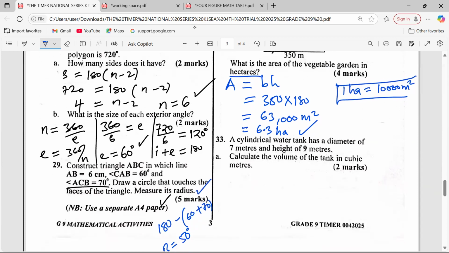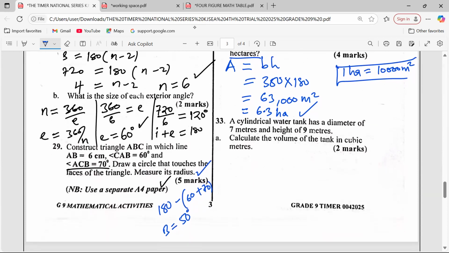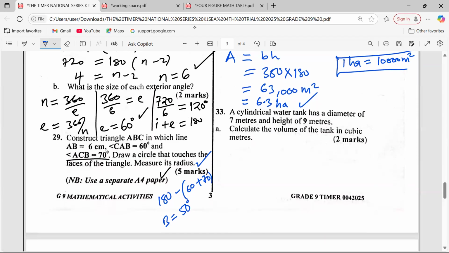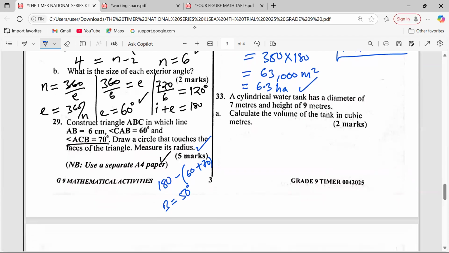Number 33. A cylindrical water tank has a diameter of 7 meters and a height of 9 meters. Calculate the volume. Here is a cylinder. So we need cross-sectional area times height. Remember, a cylinder is a prism. So cross-section area, which is circular, pi r squared times height.